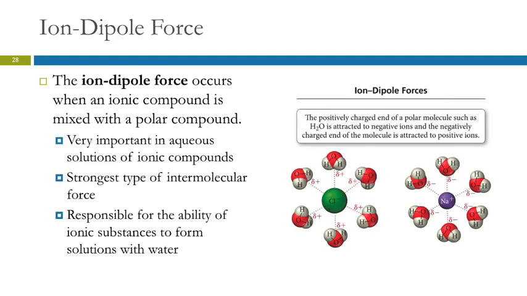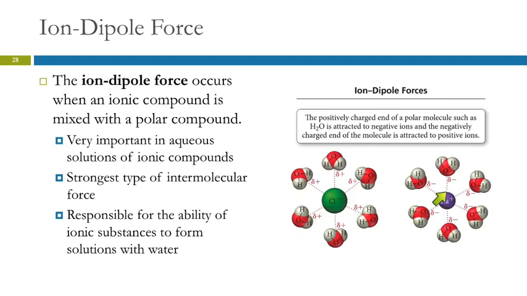Even with hydrogen bonding, you don't have a full negative charge. You might have minus 0.2 or something like that. Part of the strength of the hydrogen bond is that they can get close together because the atoms are small. So here we have a polar compound like water and an ion. The chloride ion is attracted to the positive ends of the water molecules.